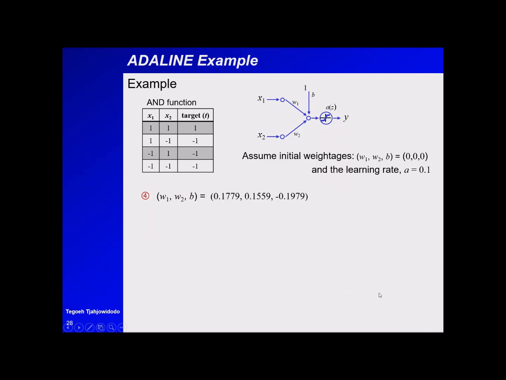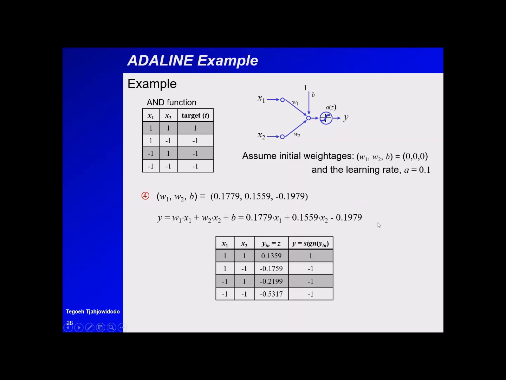Using these weightages, W1, W2, and B, I can calculate the output using this linear expression, and then after I pass this output of this node to the activation function, indeed I will get a consistent output here: 1, minus 1, minus 1, minus 1. It's exactly the same as the target.